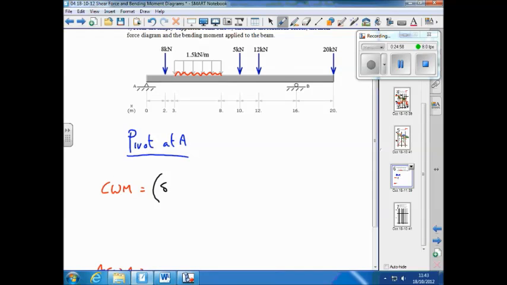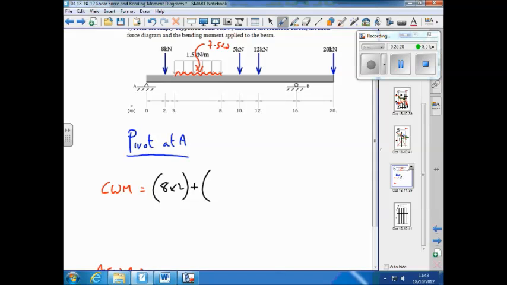8 times 2 plus the 1.5 kilonewton force. This can be replaced with a point force acting there with a value of 1.5 kilonewtons per meter times 5 meters is 7.5 kilonewtons.